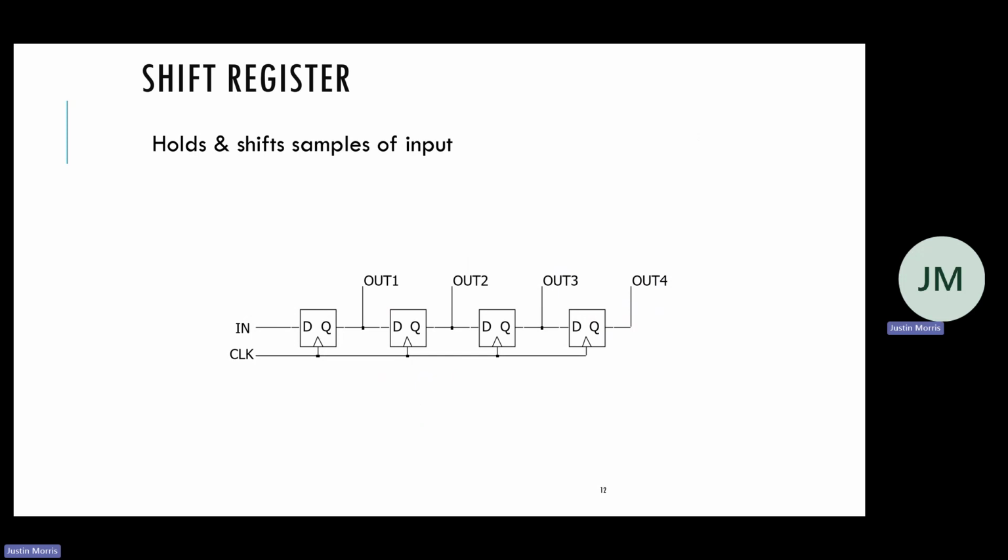Here is use case 2. So this is our shift register. So here, let's say that we are storing 1, 1, 0, 0, and we want to shift it to the right by 1.